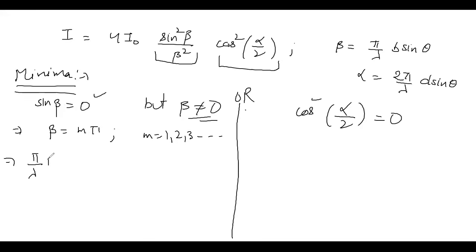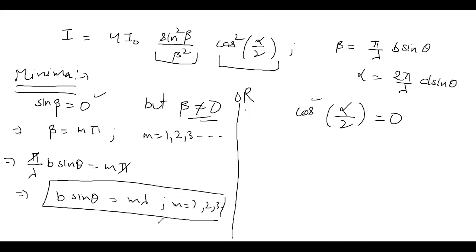Pi over lambda b sin theta is equal to m pi. ये कैंसिल हो गया. b sin theta is equal to m lambda. अगर ये कंडीशन किसी भी पर्टिकुलर वैल्यू ऑफ थीटा पे सेटिस्फाइड होगी तो वहां पे आपकी रिजल्टेंट इंटेंसिटी वुड बी 0.